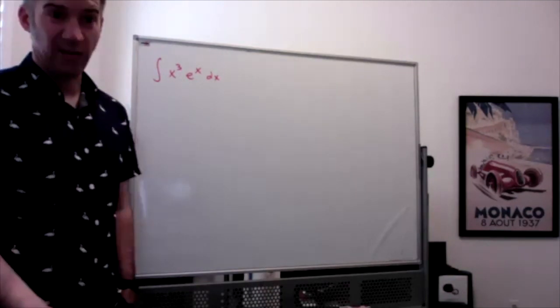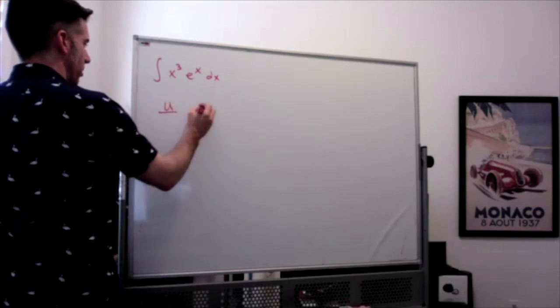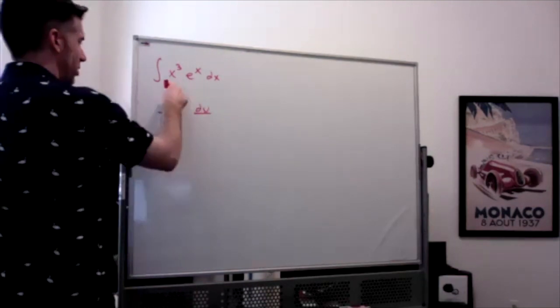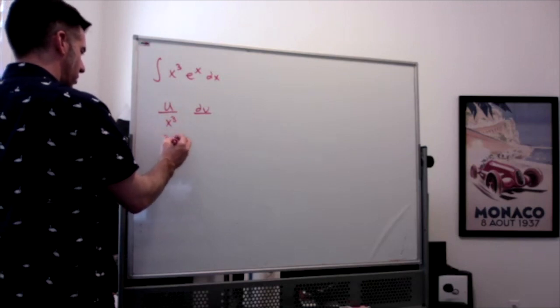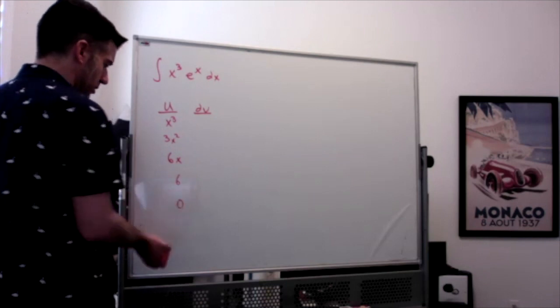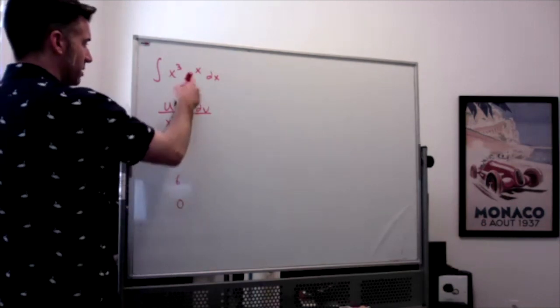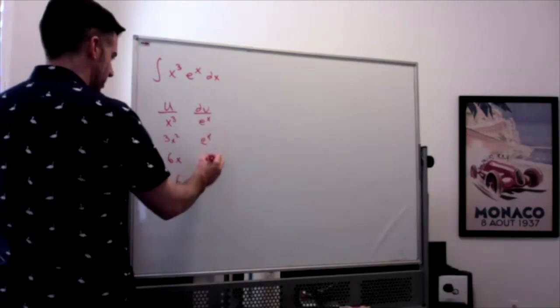Specifically, we can use the tabular method here. So we can make our u and our dv columns. Our u is going to be x cubed, and the derivatives are 3x squared, 6x, 6, and 0. Our dv is the e to the x, and the antiderivatives of that are all just e to the x.